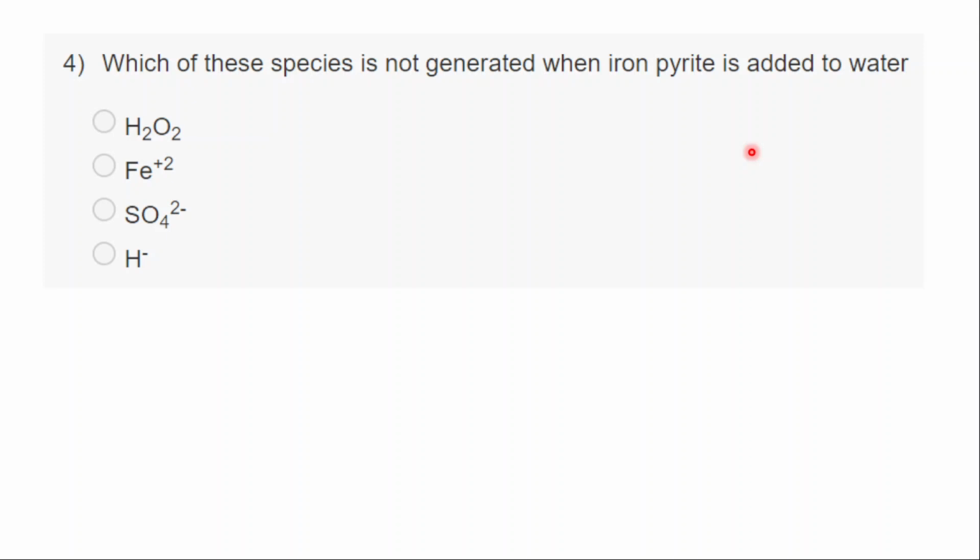Option A, H2O2; option B, Fe2+; option C, SO4 2-; and option D, H-. These are all different kinds of ions. So the question is, if you dissolve iron pyrite in water, which of the ionic species are you not going to get?